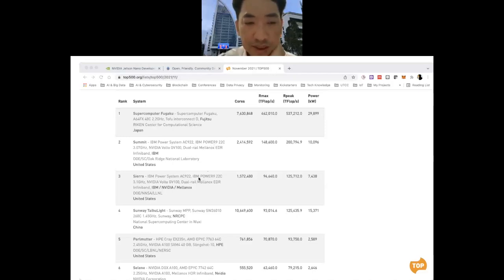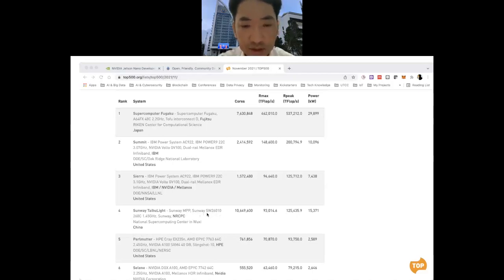And you can see the third one here. It also uses IBM Power 9. That is from the States. But from China, look at the supercomputer from China here. This one, the processor is Sunway SW here.